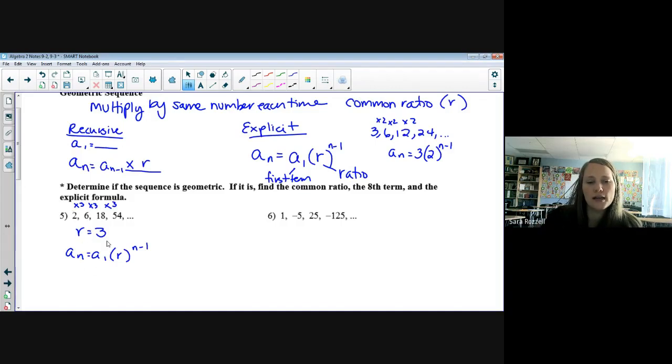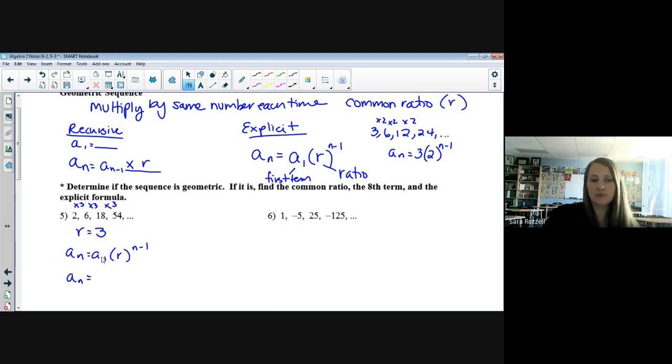Y'all go ahead and plug in where you think the numbers need to go, and we'll double check and make sure it's right. Go ahead and give that a shot. What needs to go in the a sub 1? What needs to go in the r? Shayla, you have, oh, you got it. Good. When you think you have it, go ahead and type that in the chat.